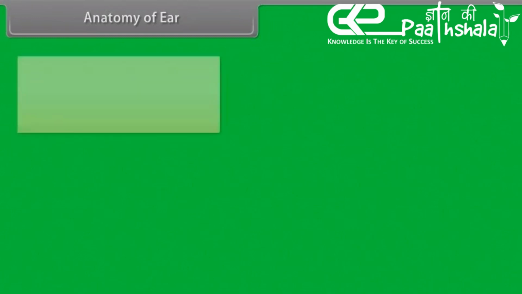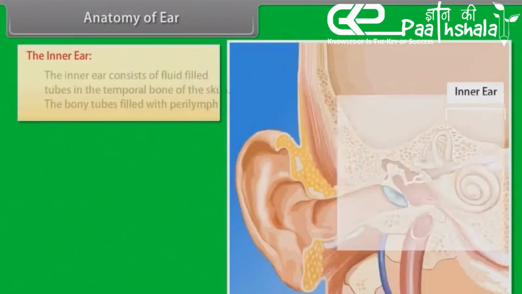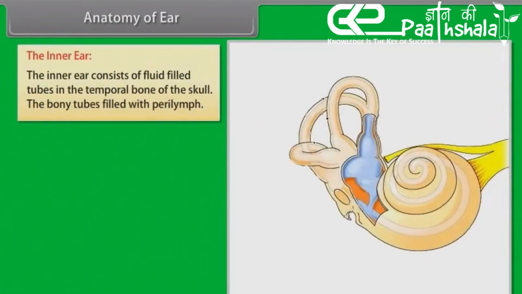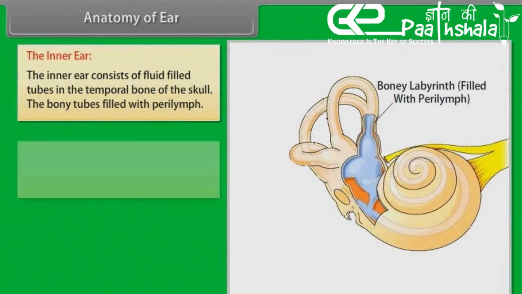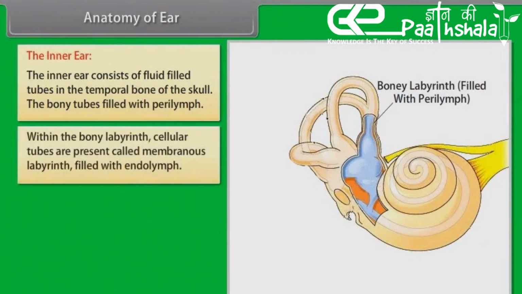Anatomy of the ear. The inner ear. The inner ear consists of fluid-filled tubes in the temporal bone of the skull. The bony tubes are filled with perilymph. Within the bony labyrinth, cellular tubes called the membranous labyrinth are present, filled with endolymph.